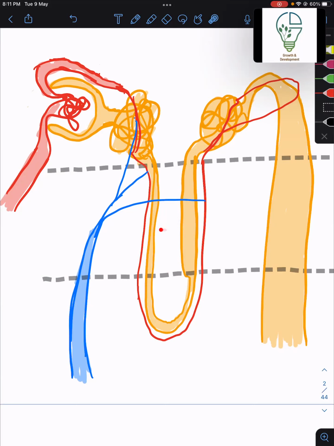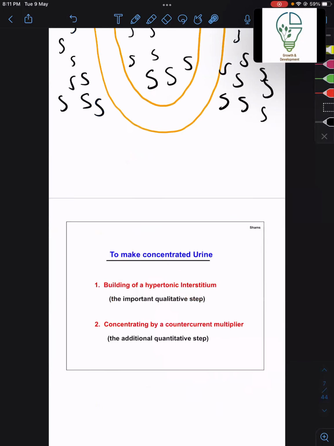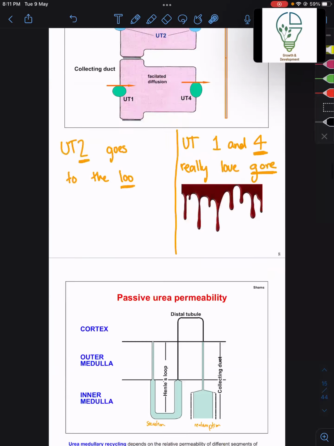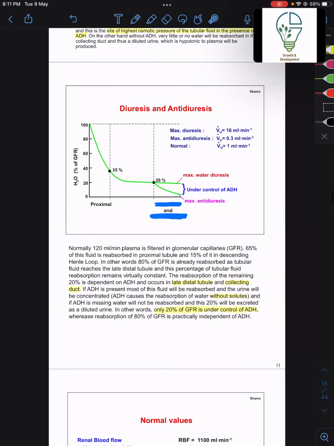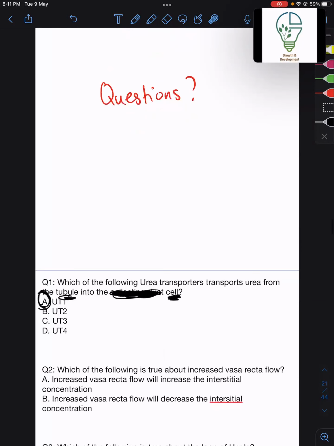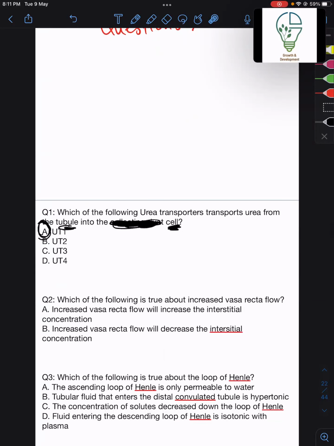And because more solutes are leaving the interstitium, that's going to lead to a lower concentration of solutes inside the interstitium. So it's just an application of your knowledge. So that's why increased vasa recta flow will decrease the interstitial concentration.